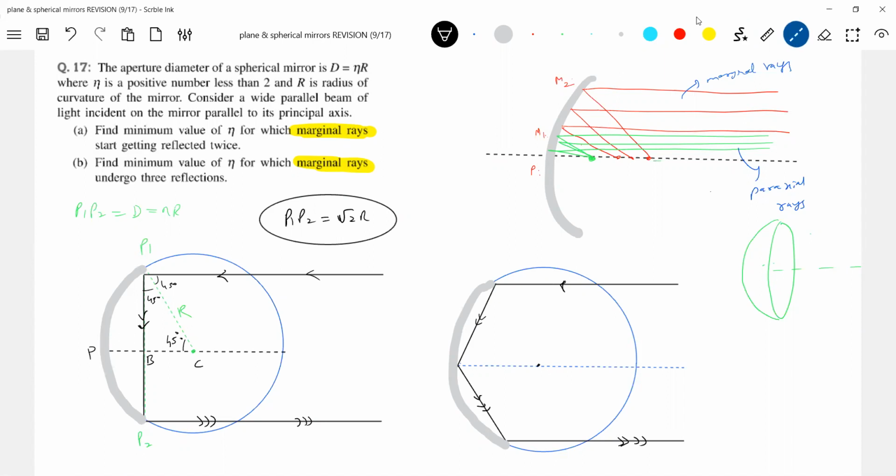Okay, this is the radius of curvature. This is again P1, P2. Okay, let this be P. Take help of the mathematics now. Again, this is the center of curvature.